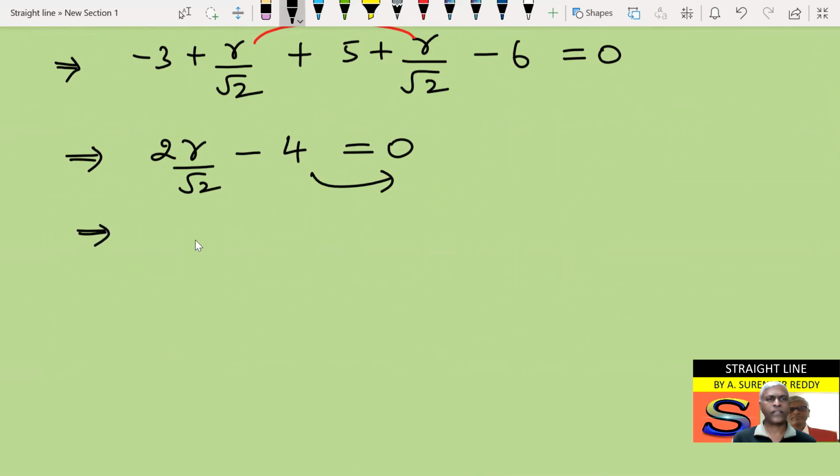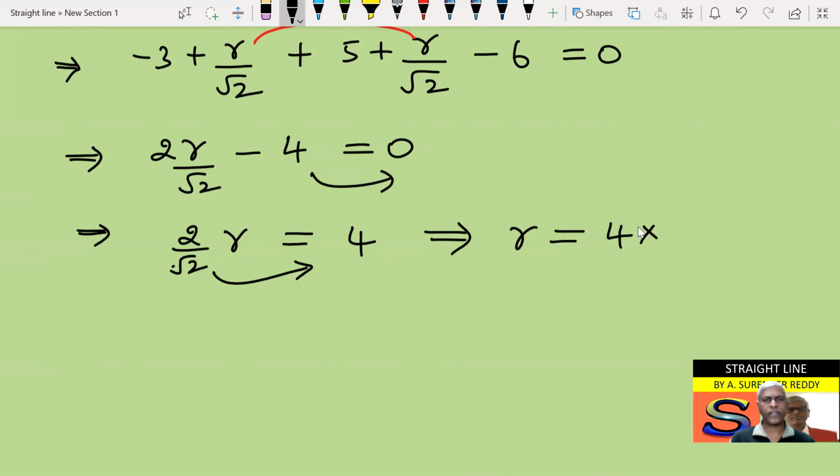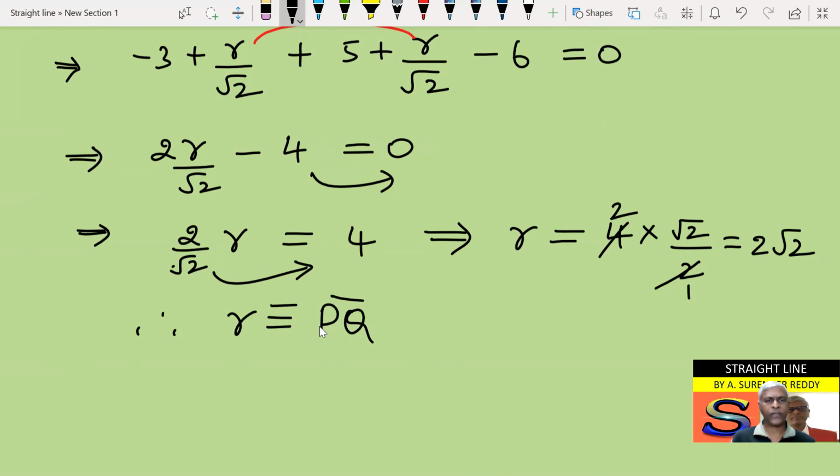So bringing 4 to the right side, 2 by root 2 times r is equal to 4, and r is 4 into root 2 by 2, which becomes 2 root 2. Therefore, r, the length of PQ, is 2 root 2 units.